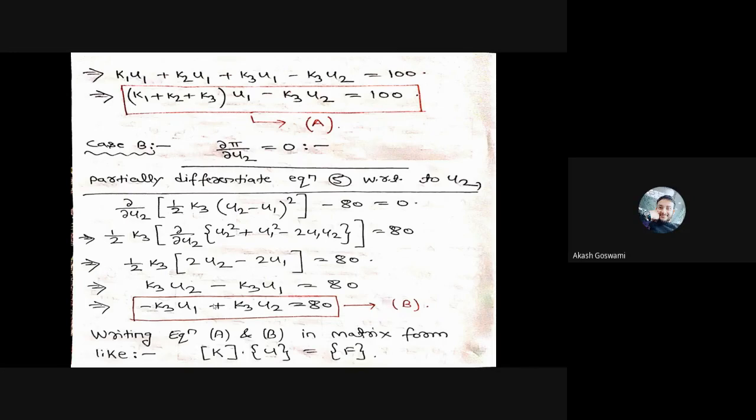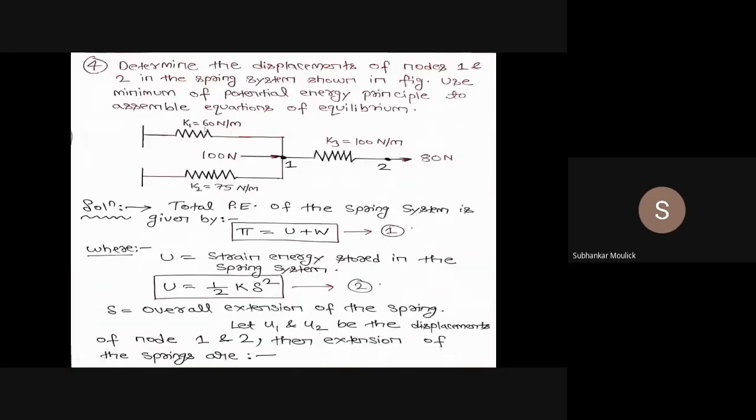Yes, sir. Okay. And I also know the governing algebraic equation for this problem is F is equal to K into delta, and this F is known as the restoring force with which the spring will bounce back to its original position. If I write this governing algebraic equation in matrix form, how can I write?